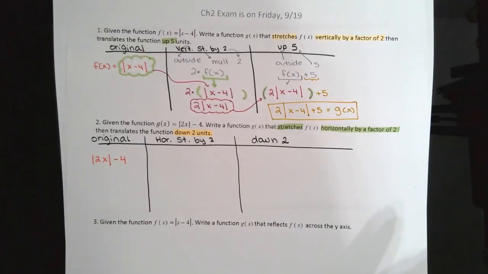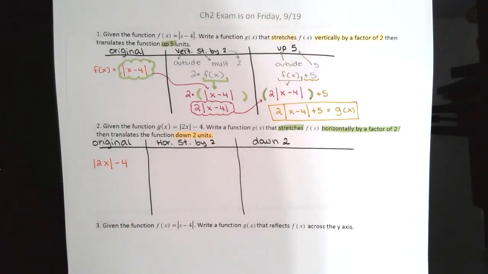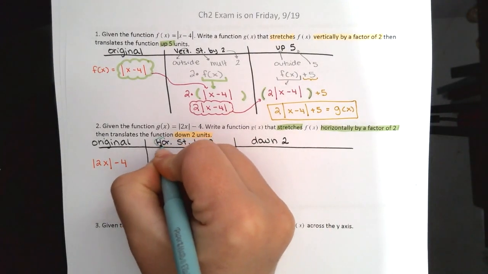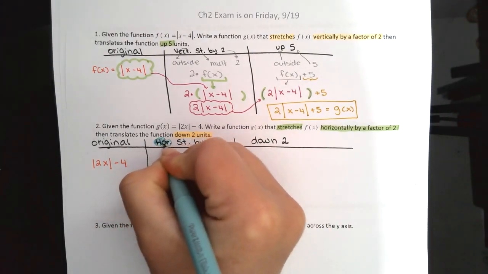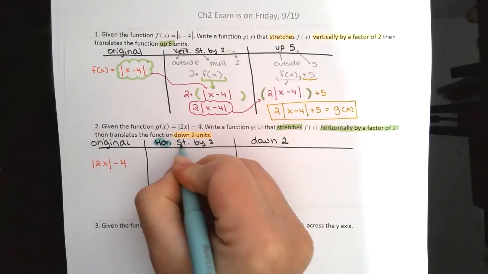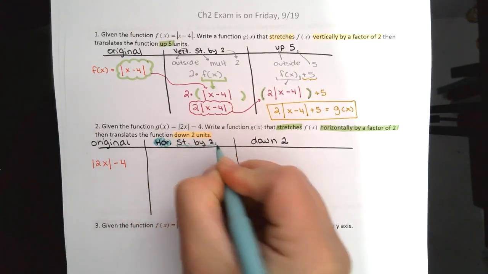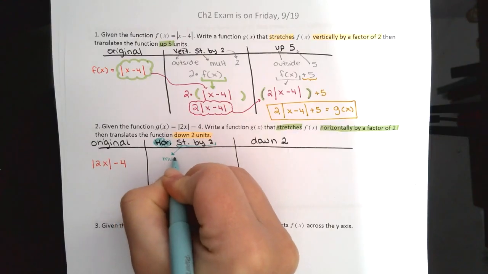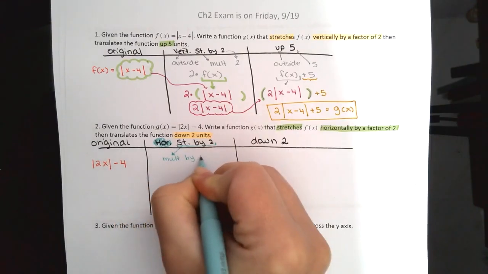That's a typo. Anytime you see the word horizontal, that is an inside change. So things immediately get weird when you see this word horizontal. Horizontal stretch, if you take a look at your graphic organizer, this is where we have a multiplier by a reciprocal.